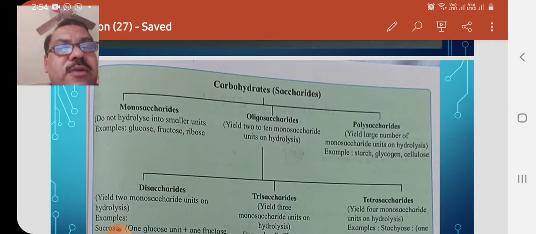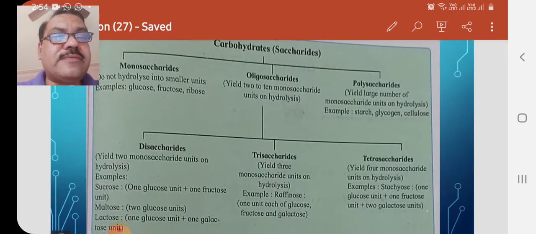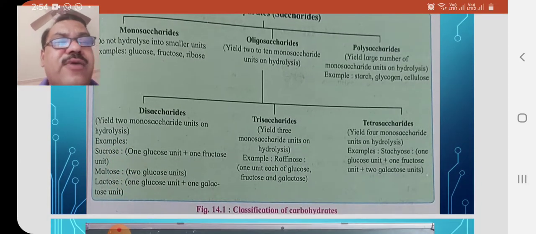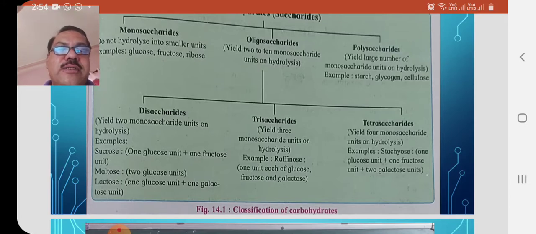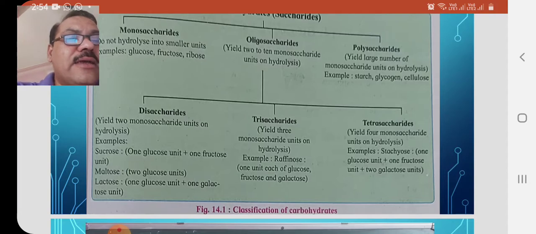Now, depending upon the number of monosaccharide units, oligosaccharides are further classified into groups. First is disaccharide, which gives 2 monosaccharide units on hydrolysis, trisaccharide, which gives 3 monosaccharide units, and tetrasaccharide, which gives 4 monosaccharide units. Similarly, pentasaccharides are the carbohydrates which yield 5 monosaccharide units.